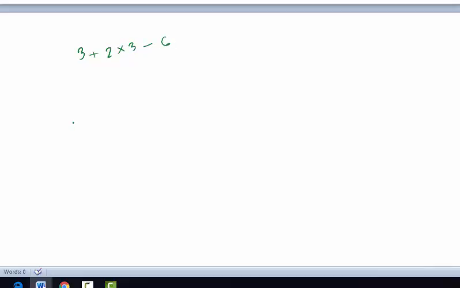This is a pretty straightforward example of simplifying an expression. First 3, then we see 2 times 3, a multiplication. As you remember from PEMDAS, multiplication is the highest priority here, so 2 times 3 is 6, minus 6. 6 minus 6 equals 0, so it's gone, so the answer is 3. So that's how it works.